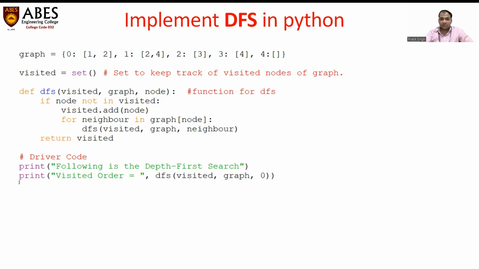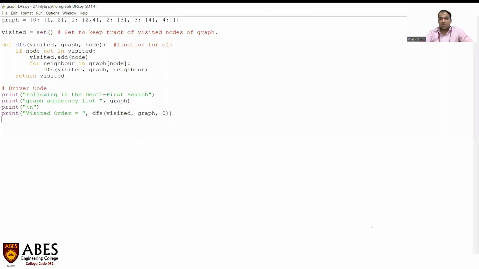So come to the implementation. This is the code, and we run this code. The code is running successfully.